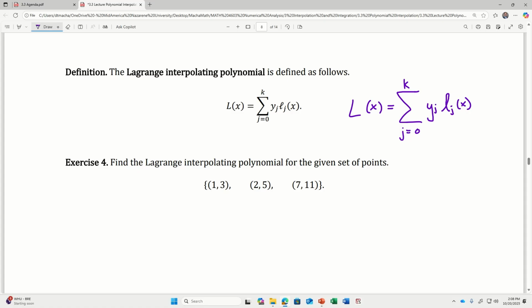So now, if I want to find the Lagrange interpolating polynomial for the given set of points, this is going to be a sum where I take y0 times L0 of x plus y1 times L1 of x plus y2 times L2 of x.